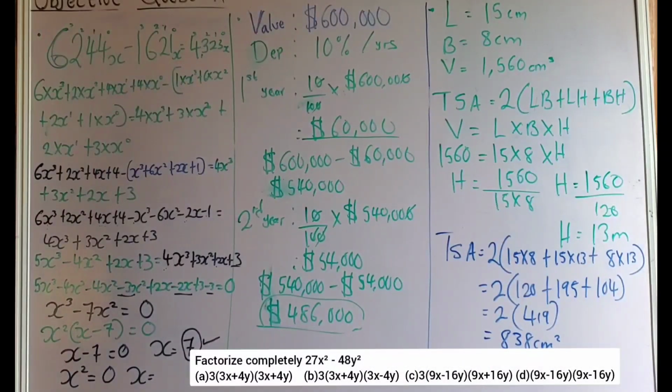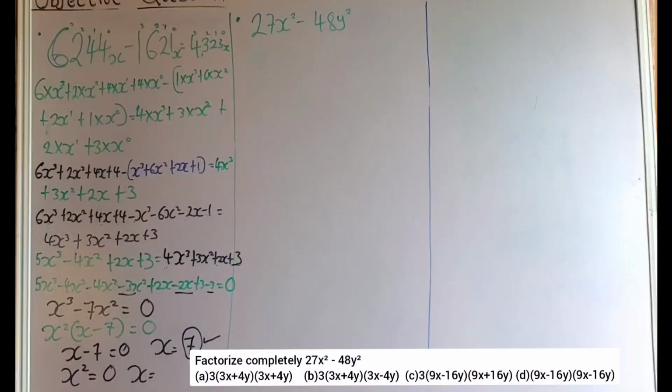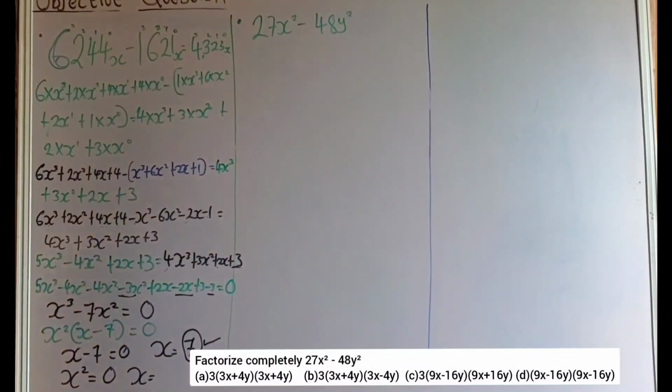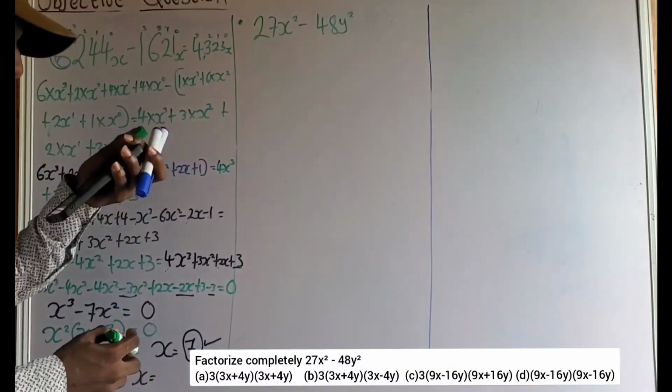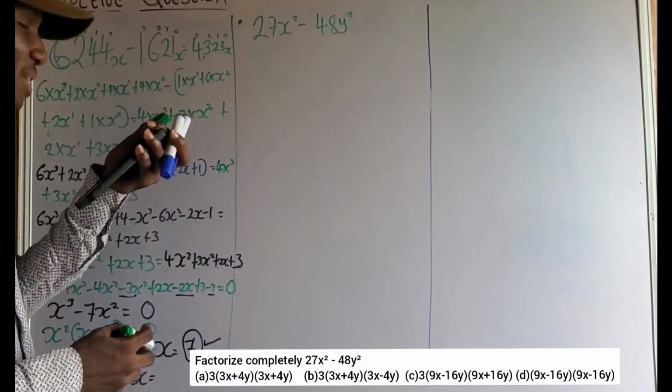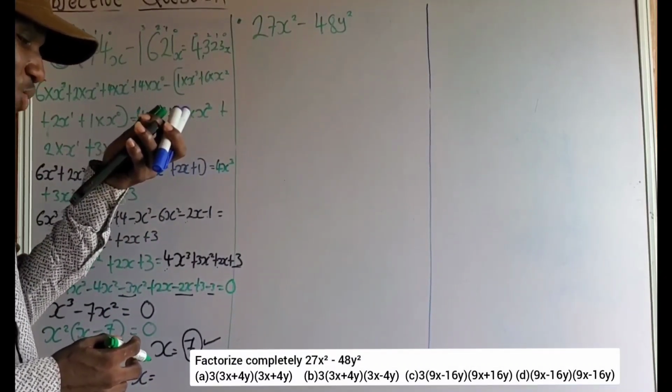Factorize completely 27x squared minus 48y squared. We are asked to factorize completely 27x squared minus 48y squared.